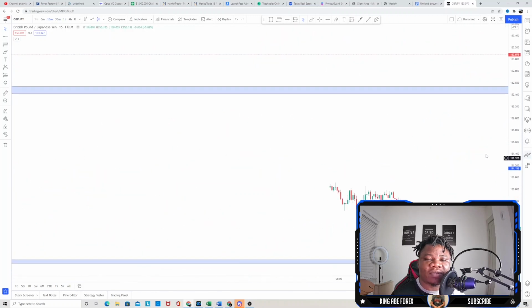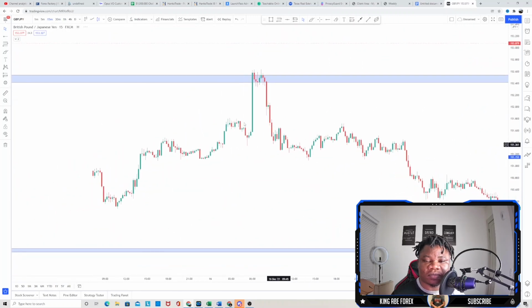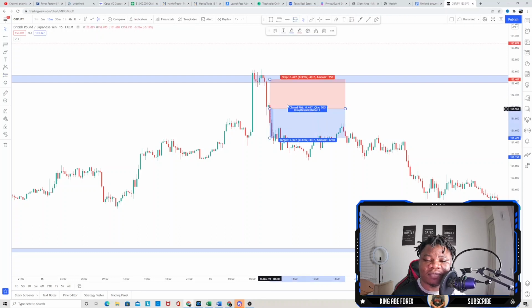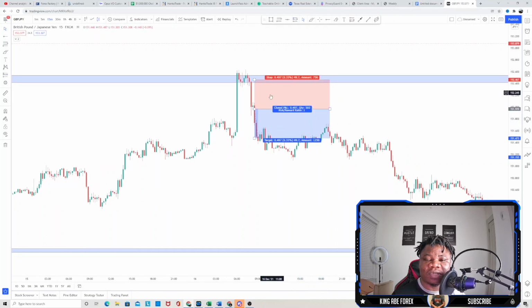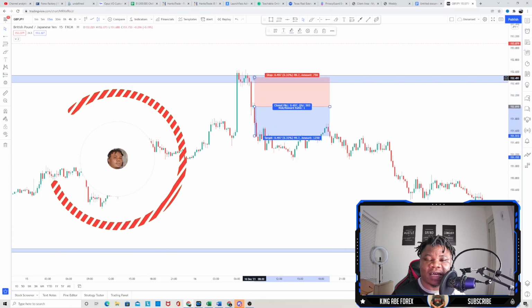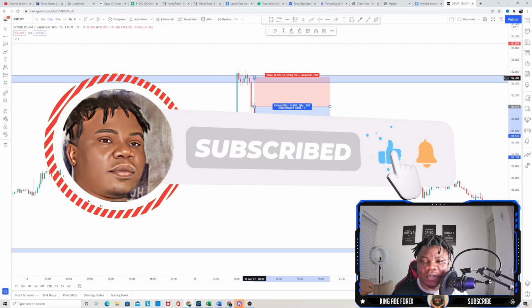Now I'm going to have my entry. I'm going to wait for this bearish candle to close just to make sure that we're actually seeing a rejection here, and then I get in my sell position. I'll have my entry right here at this bearish candle. This is exactly where my entry is going to be, and I can have my stop loss right over here.